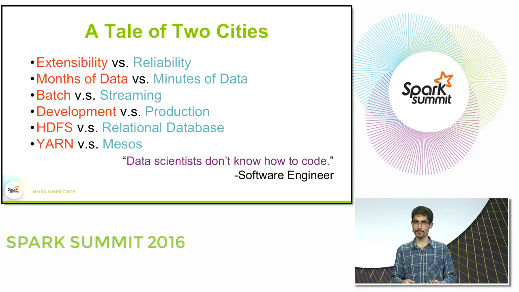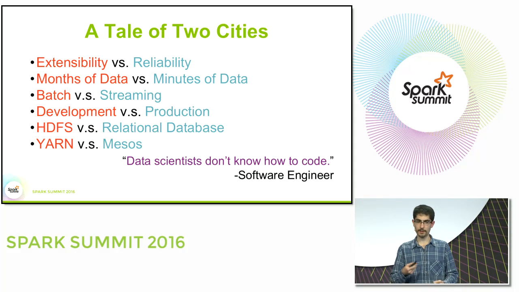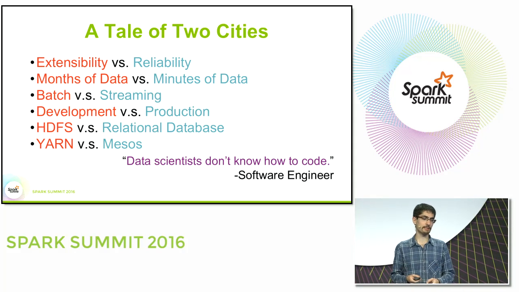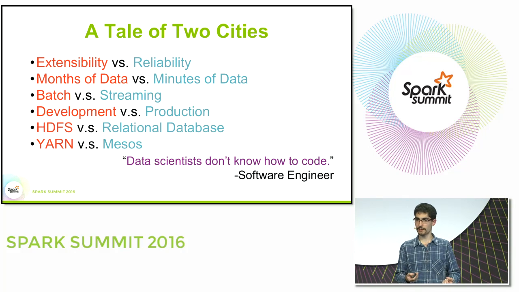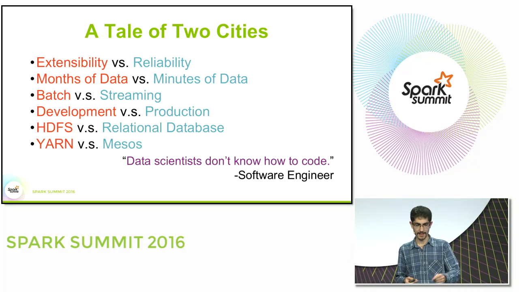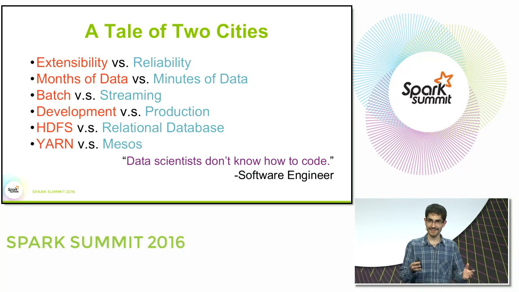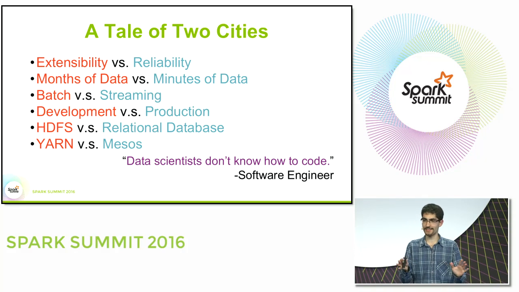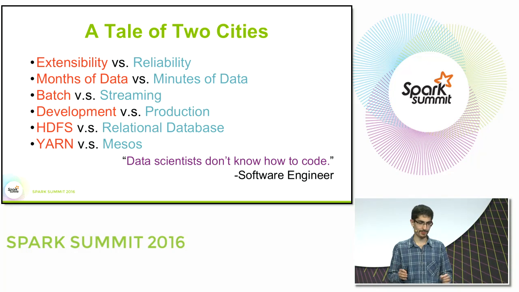Whereas services care about availability, they care about smaller data, they care about quick, low latency responses. I have a quote here from a software engineer, not necessarily at Uber. They said data scientists don't know how to code. Basically, you see this kind of conflict between data scientists and software engineers.